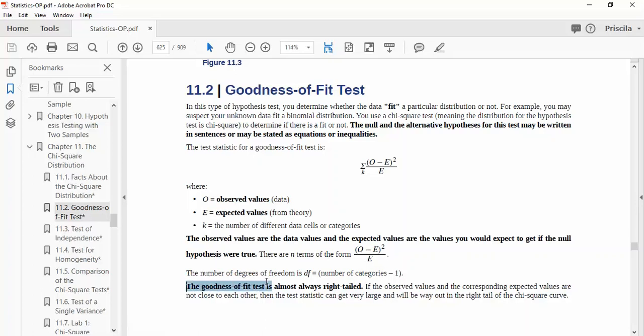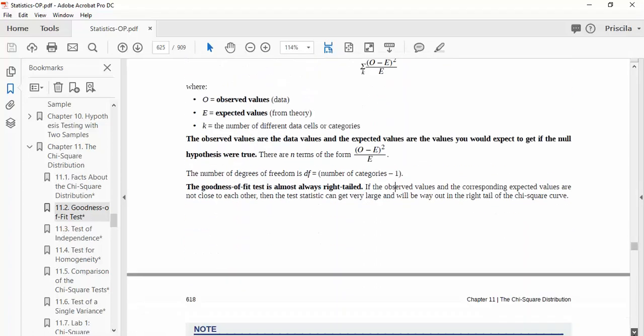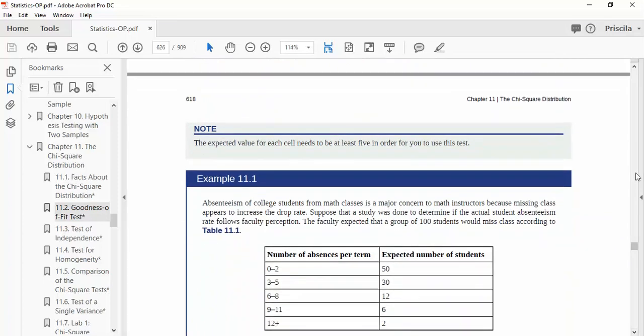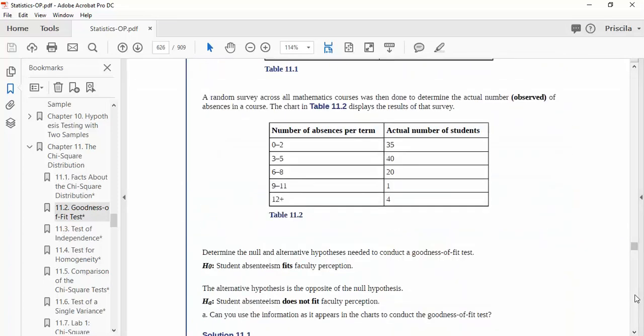The goodness of fit test is almost always right tail. This is very important. So when I use the formula in Excel, I'm going to use the right tail. And then the chapter gives you examples.